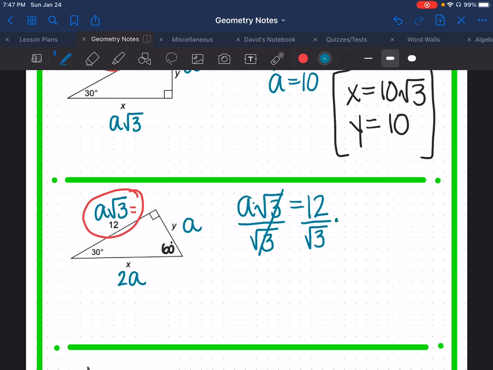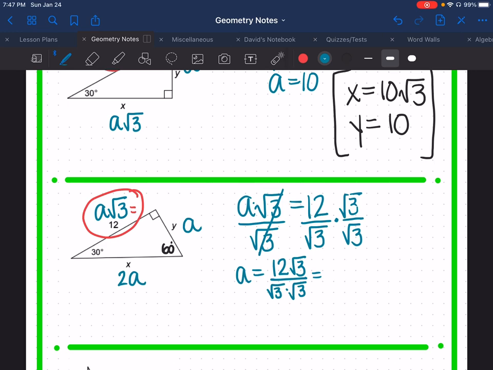So I'm going to do what's called rationalizing the denominator. I'm going to multiply by the square root of 3 over the square root of 3. I multiply numerator times numerator, denominator times denominator.